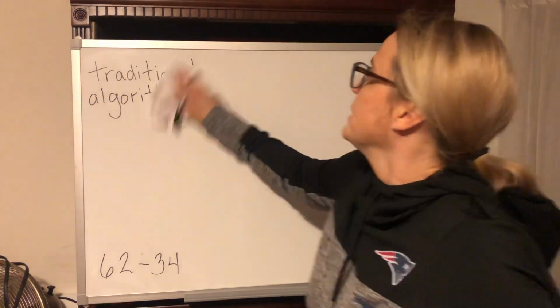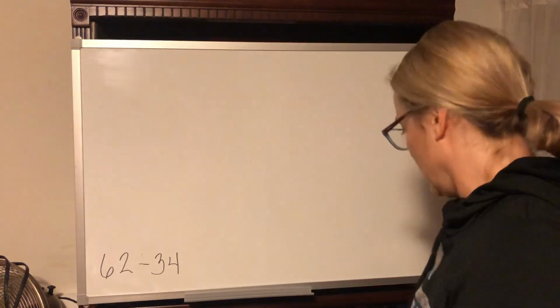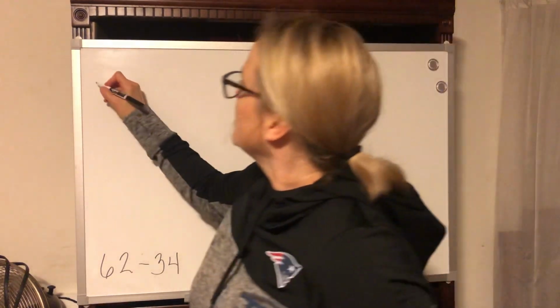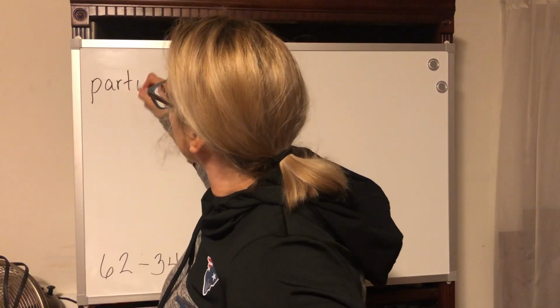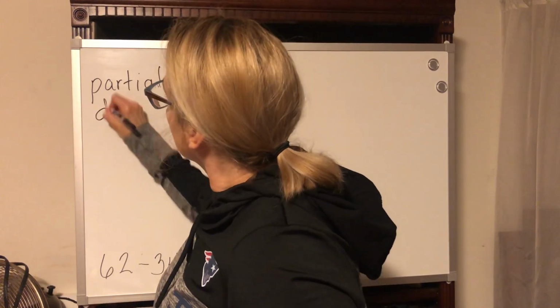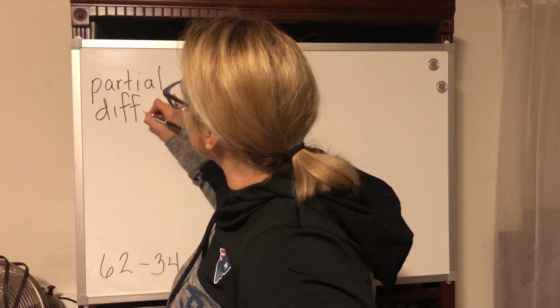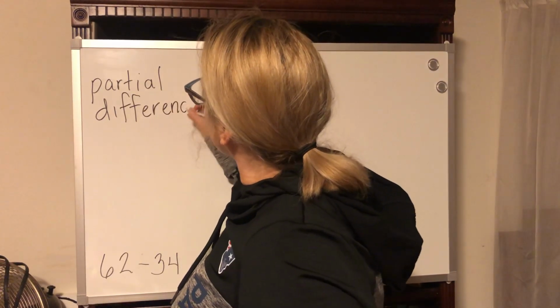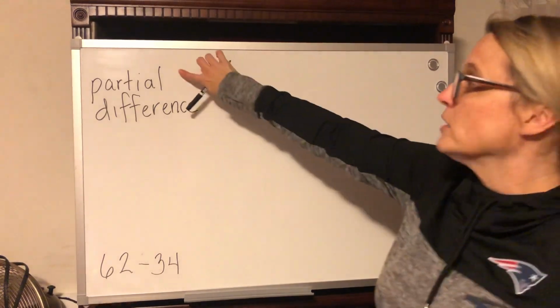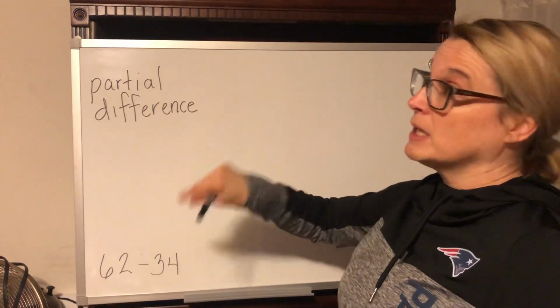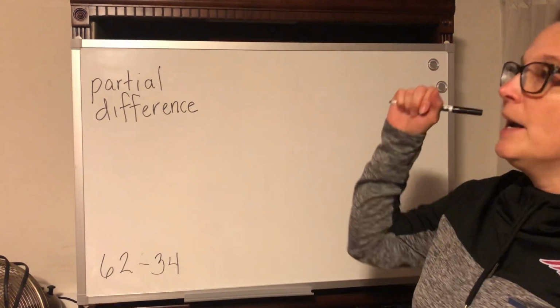The second strategy we're going to work with is partial difference. And we call it partial difference because difference is the answer in subtraction. When we were doing adding, we called it partial sums. Sum is the answer in addition.